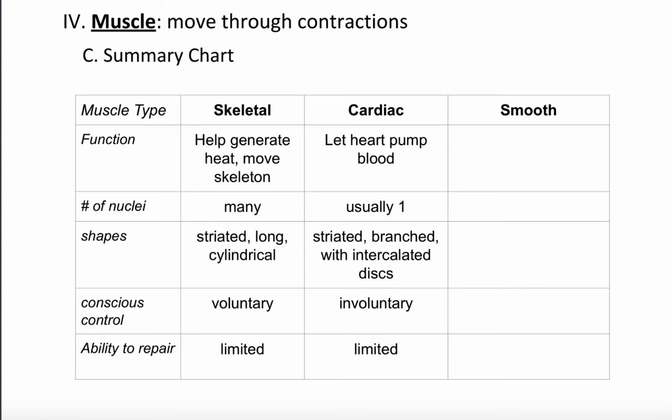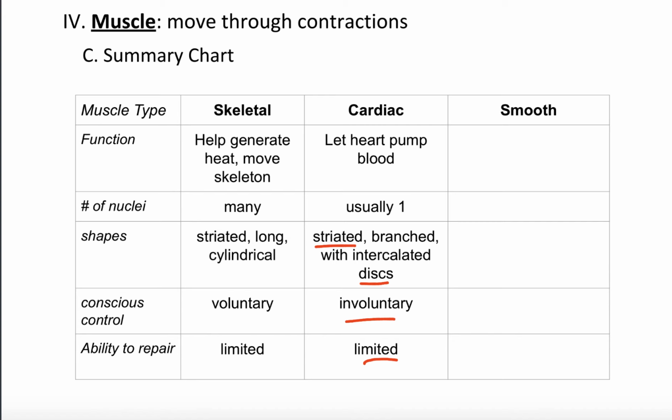Cardiac lets you pump blood with your heart. You usually only have one nucleus. It's branched and has intercalated discs, and it's striped to allow fast movement. But unlike skeletal, it's involuntary, meaning you don't consciously decide to move your heart, which is good because your heart beats so fast you don't want that responsibility. And again, if it gets damaged, you can't repair it.